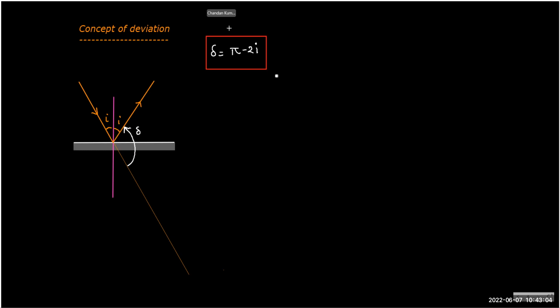Any ambiguity in this? Any doubt in this? No, sir. So if we have multiple mirrors, deviation will be either added or subtracted depending on the sense of rotation.